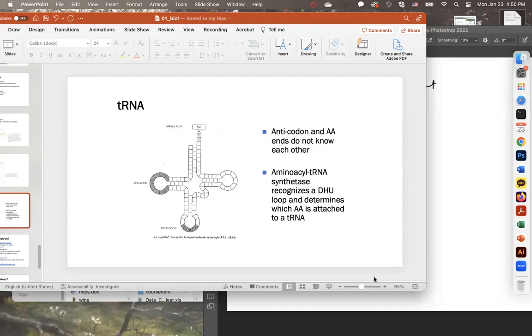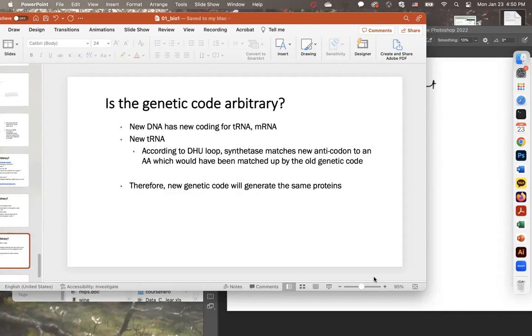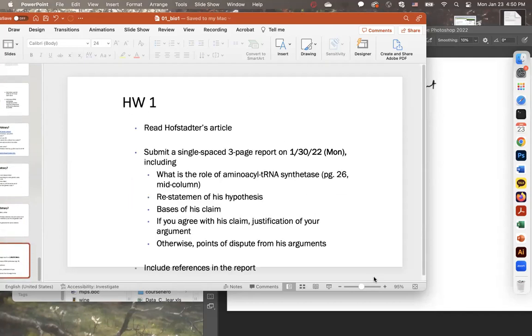So homework 1 is to read Hofstadter's article and first summarize what the role of amino acid tRNA synthetase is.